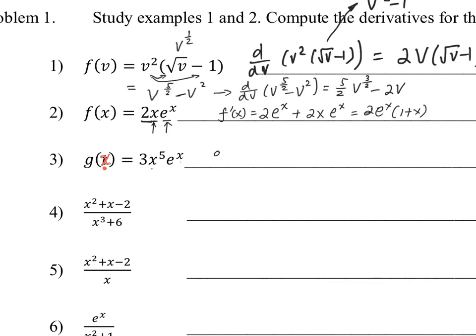So when you find the g prime, similarly treat this as your first function, this as your second function. You get 15x to the 4th e to the x, so derivative of the first one times the second function, plus the first function times the derivative of the second function, which is e to the x. So this is the derivative of this one.